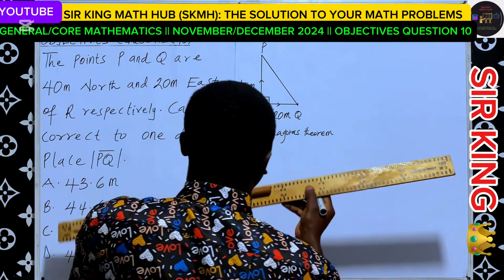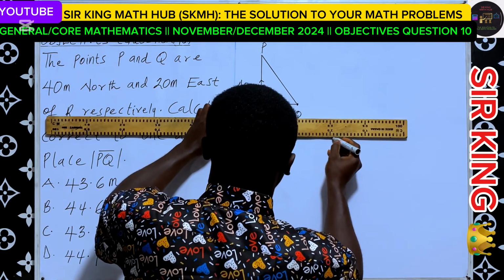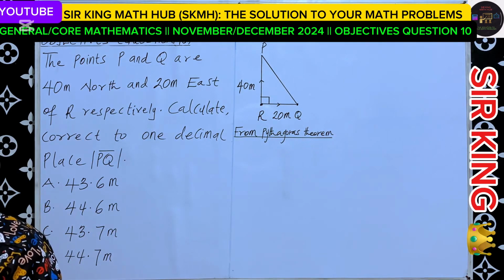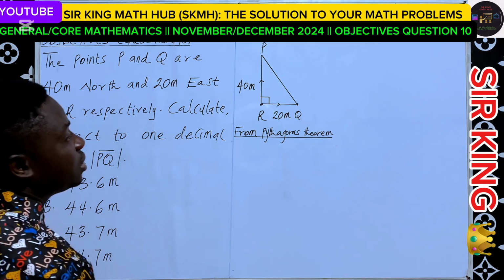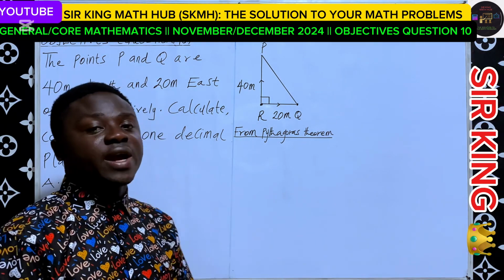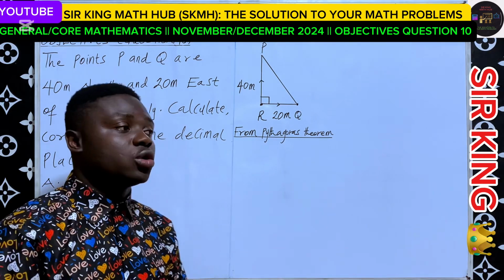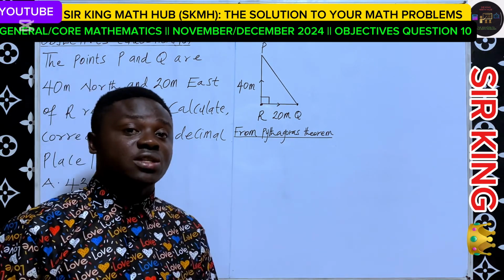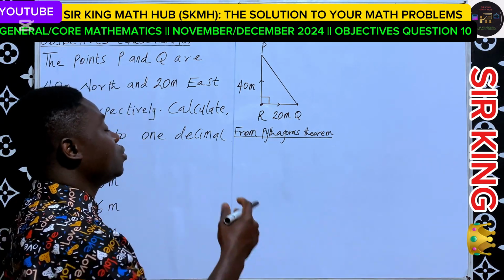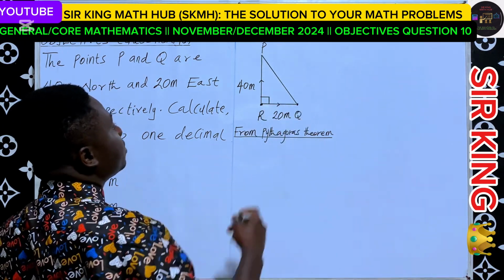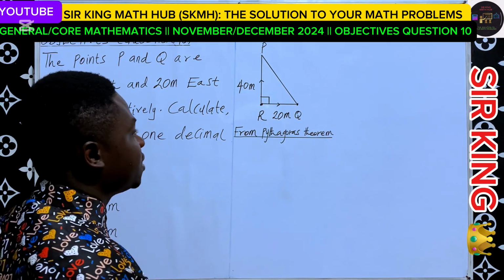What does the theorem say in reference to the right angle triangle? From Pythagoras theorem, we know that the square of the longest side, that is the square of the hypotenuse, is equal to the sum of the squares of the other two sides. So which side will be our hypotenuse? Line PQ is our hypotenuse because it is the longest side.